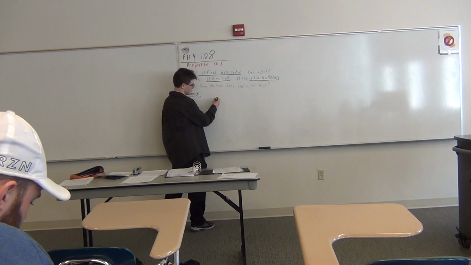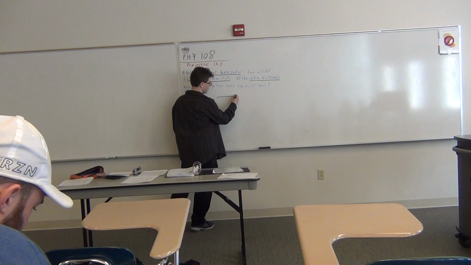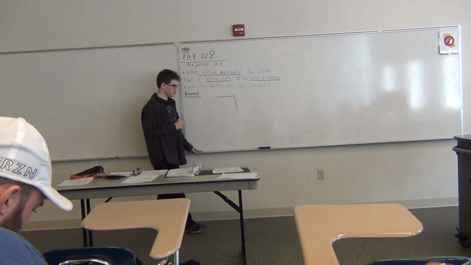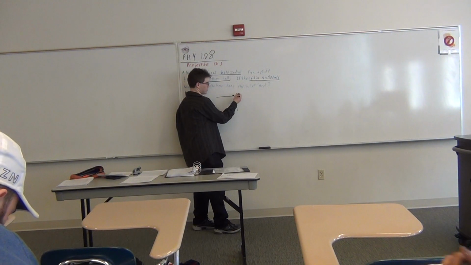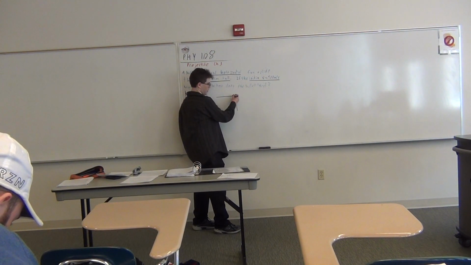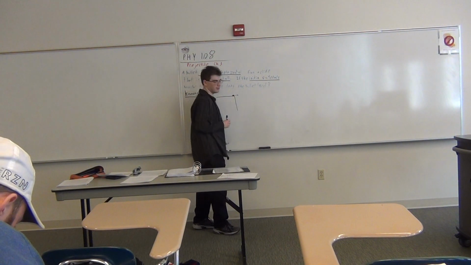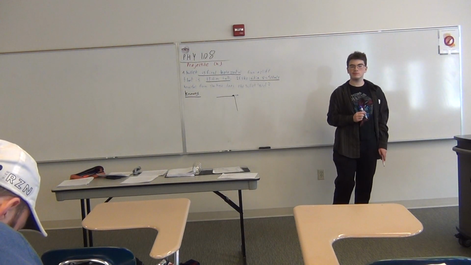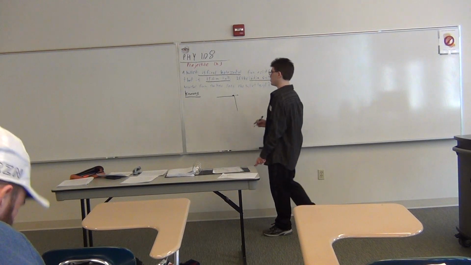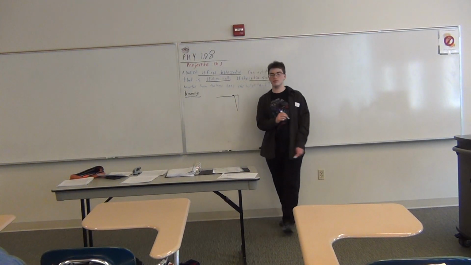But if I was to draw this problem, here's our bullet. It comes off. What starts happening to the bullet? After it pushes it down, does it go straight down?